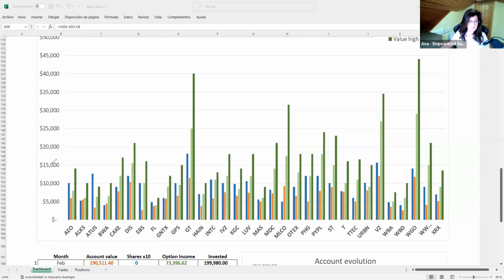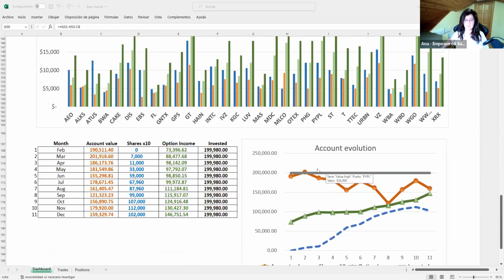We can see just by looking quickly that the blue is what we have invested. So apart from this one that we invested a bit more, we are somewhere between 5 and 10,000, in this area approximately, which gives us a quick idea of the asset allocation per position.